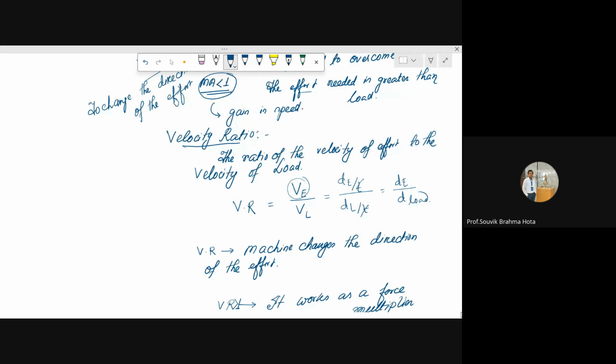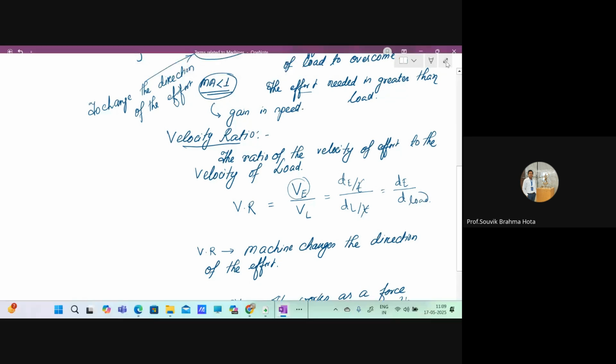Now the efficiency. First we need to define efficiency.